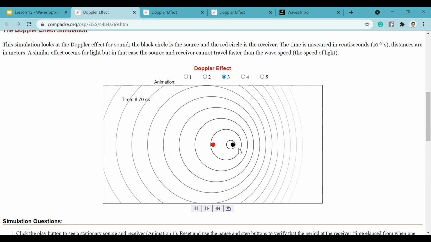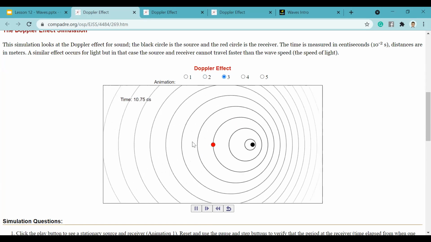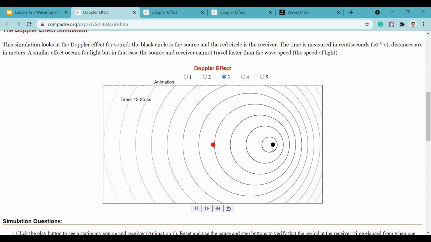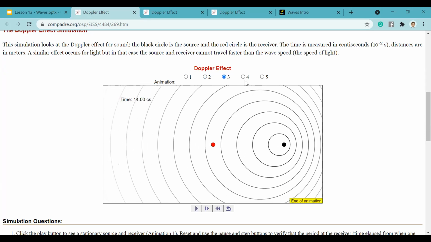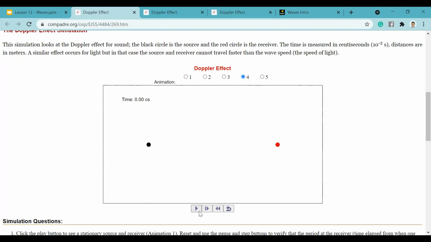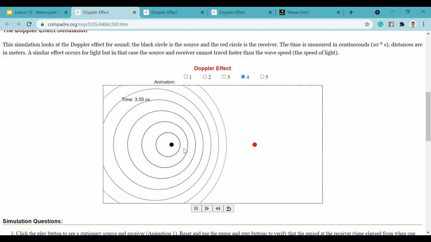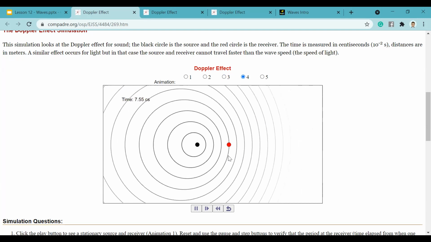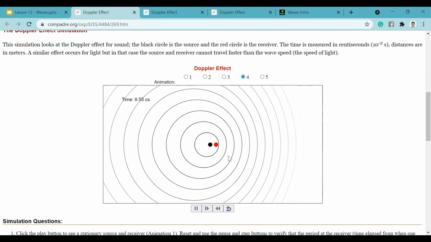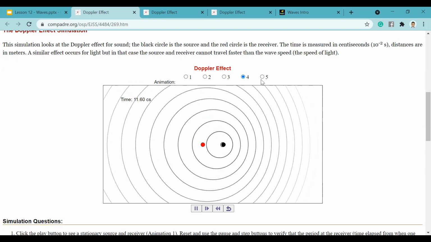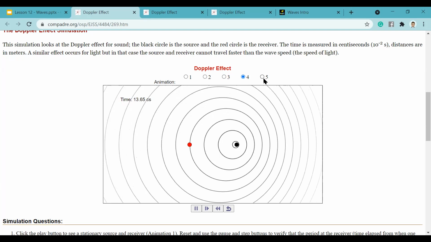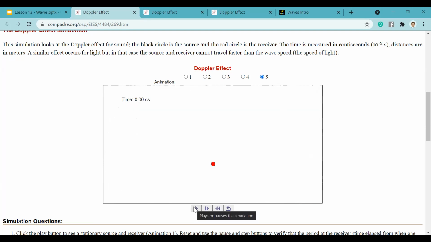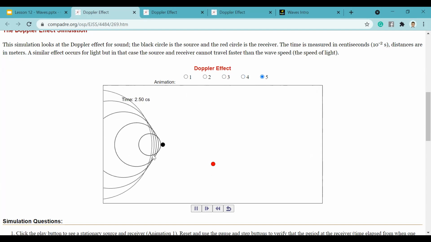And so you can see how the sound intensity or the sound wave changes as the source is moving. For our fourth scenario, both the observer and the source of the sound are moving. Now, for our last scenario, our observer is stationary while the source of the sound is moving at high speed.